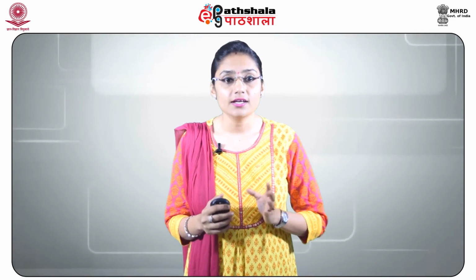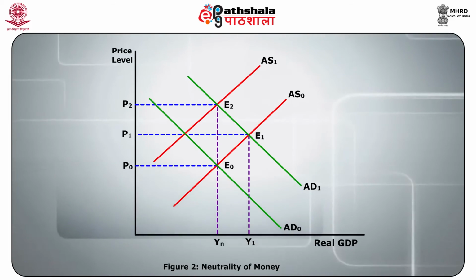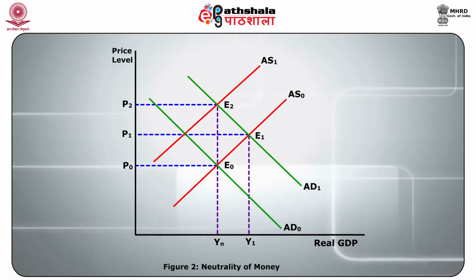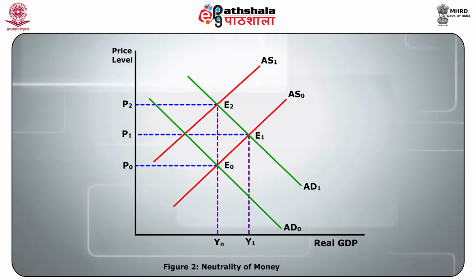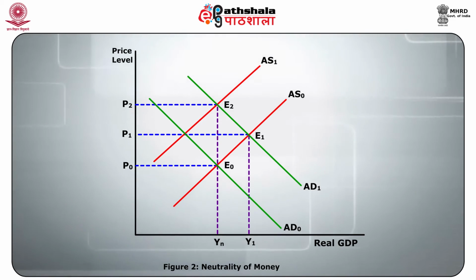Real variables such as employment and output are affected by real variables such as factor supplies like capital and labor, and technology. Neutrality of money. The fact that in the long run, money supply affects only the price level and not the output shows that money is neutral in the long run.